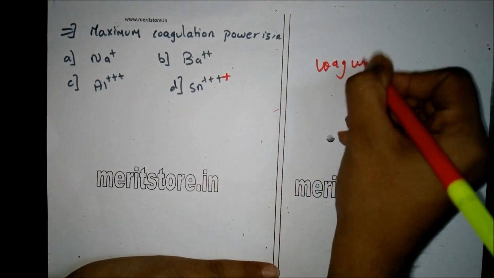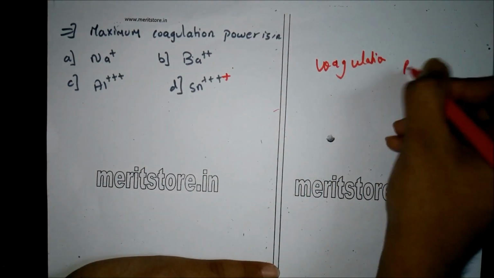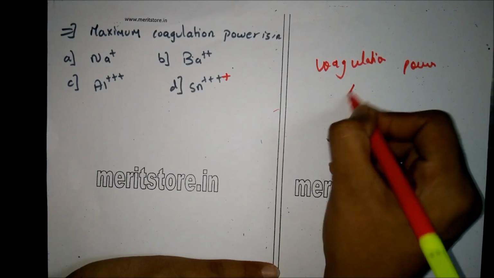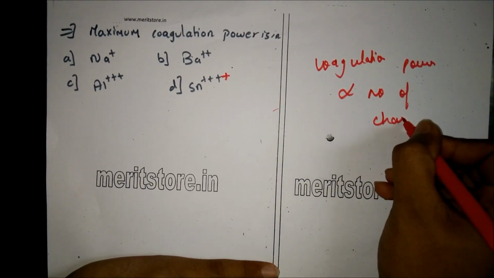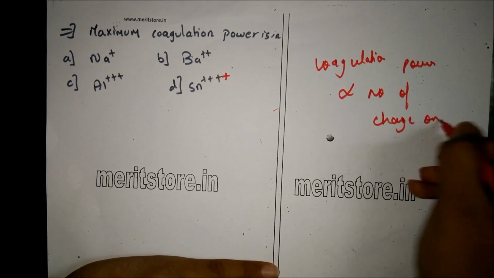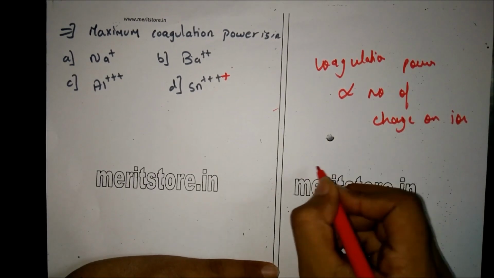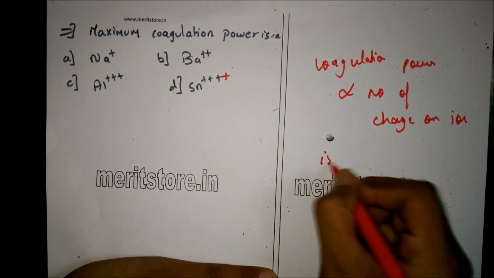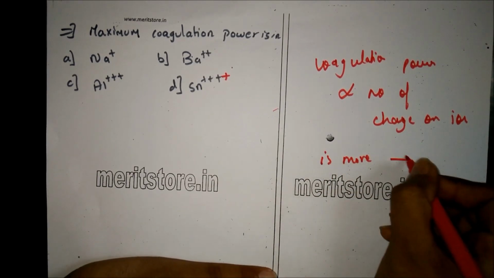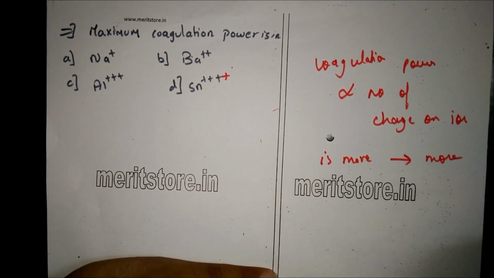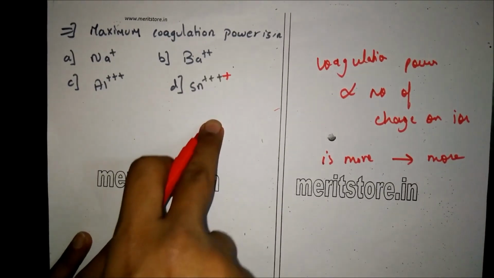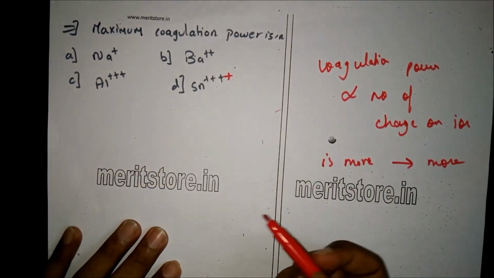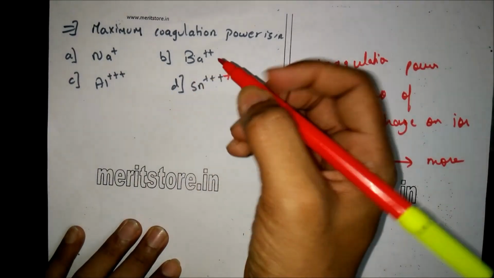The coagulation power is directly proportional to the number of charges on the ion. Hence, if the number of charges on the ion is more, the coagulation power is more. Therefore, out of all the four, Sn4+ has the highest charge, that is +4. Therefore, the correct answer is option D.